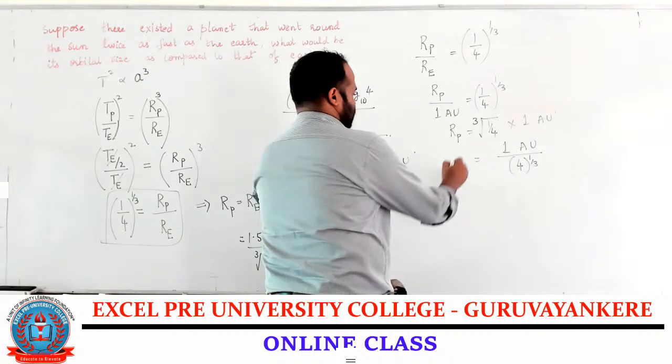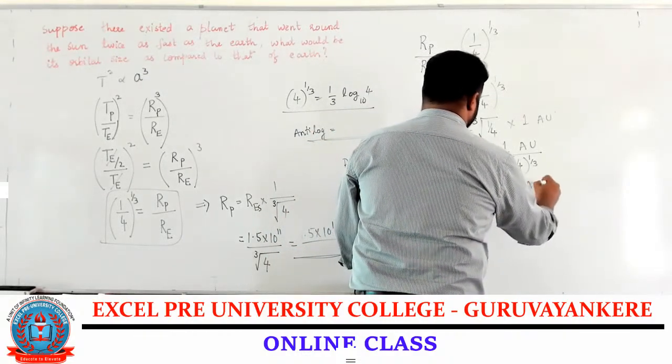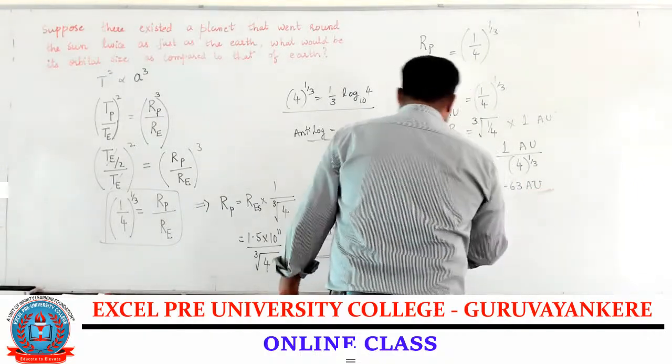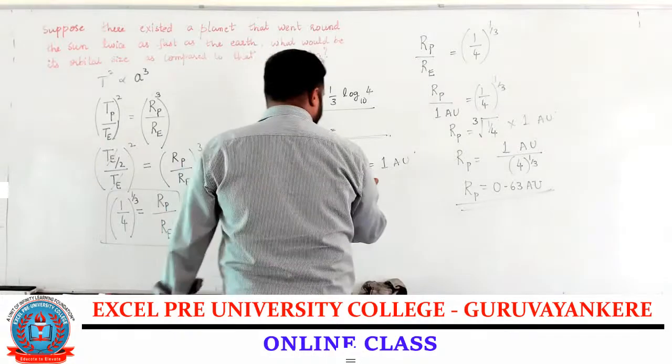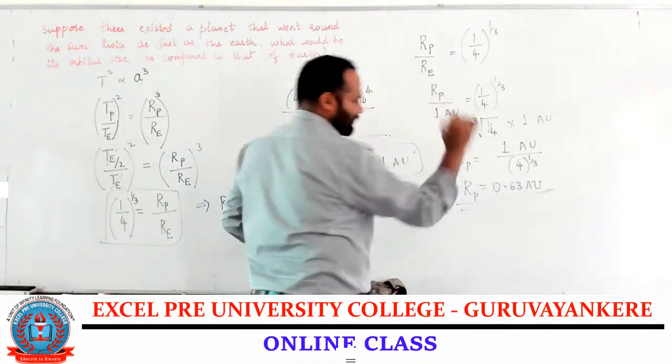This is the answer. That will come around 0.63 astronomical units. The orbital radius of the earth with respect to the sun is 1 astronomical unit if you take. This is the answer.